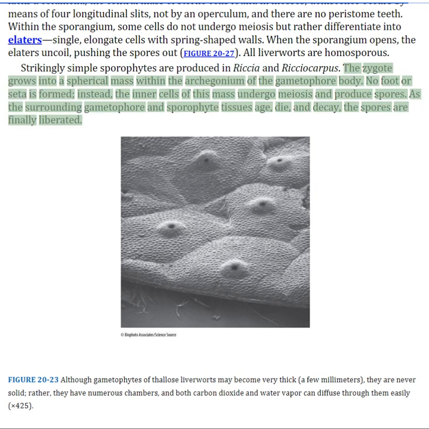The zygote grows into a spherical mass within the archegonium of the gametophore body. No foot or seta is formed. Instead, the inner cells of this mass undergo meiosis and produce spores. As the surrounding gametophore and sporophyte tissues age, die, and decay, the spores are finally liberated.